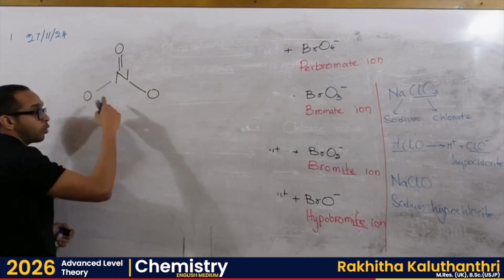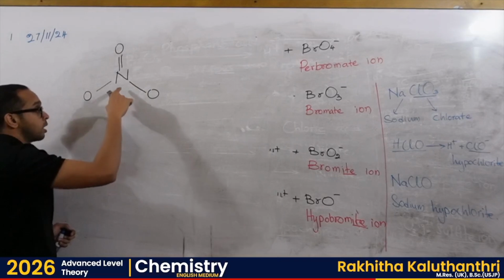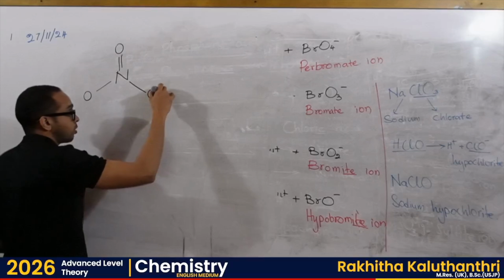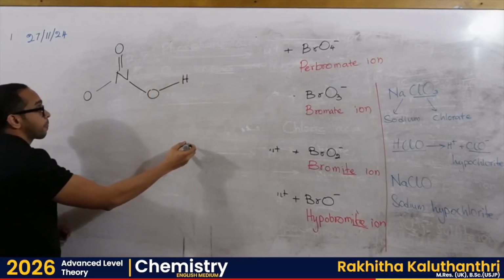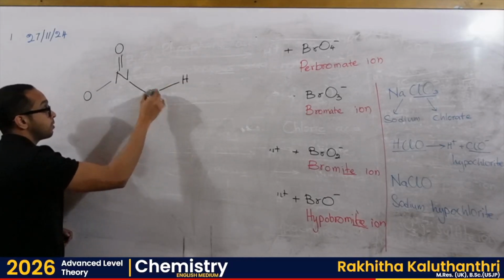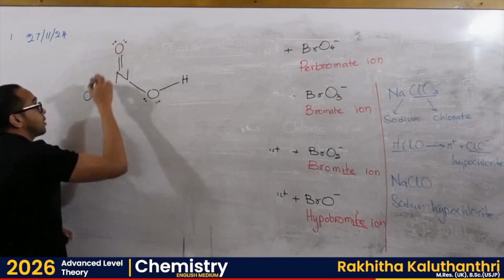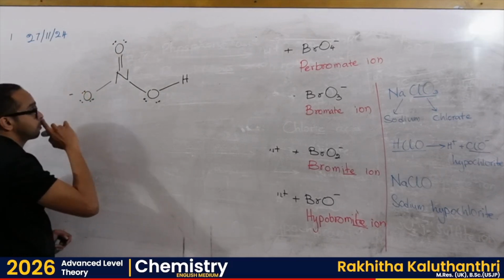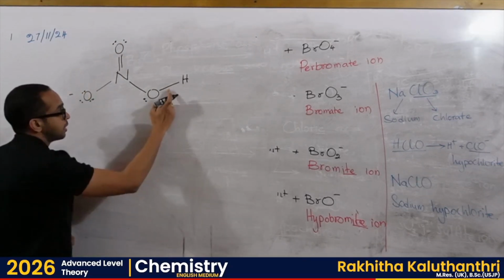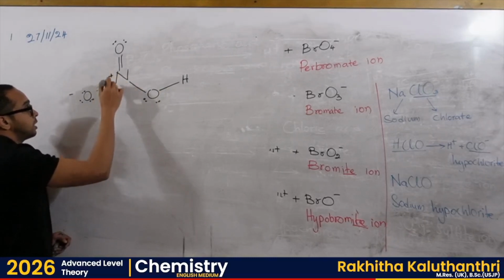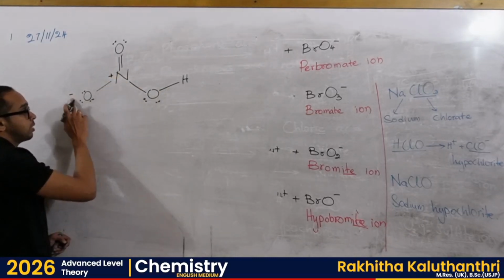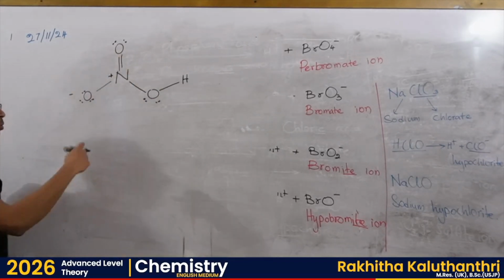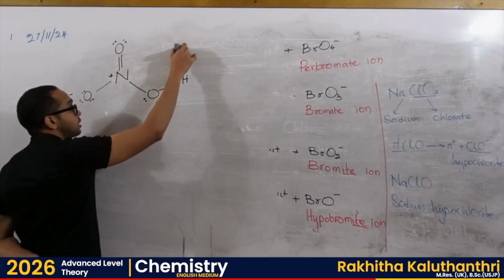The nitrogen can only form 4 bonds, and all 4 of those bonds are given to form bonds with oxygens. One of the oxygens is connected to hydrogen like so. This is the Lewis structure of nitric acid. When we put formal charges, you can see we have a formal charge on nitrogen and on oxygen as well, but the overall acid molecule is neutral. The formula here, if you count the number of atoms, is HNO3.